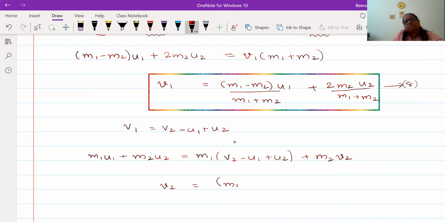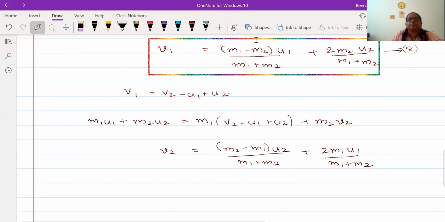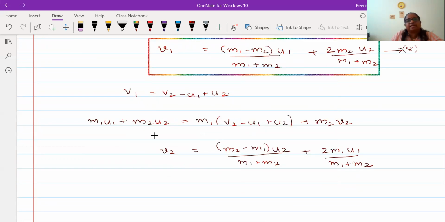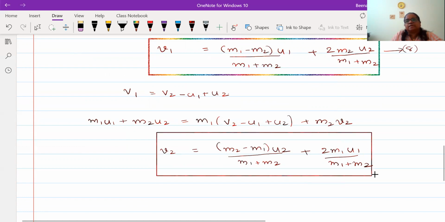So that will become M2 minus M1 into U2 divided by M1 plus M2, plus 2M1U1 divided by M1 plus M2. That will be the expression for V2. If you do one equation, the other one you can get in a similar way. So these are the final expressions.